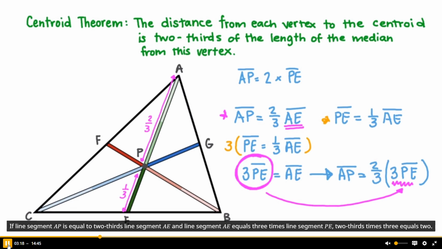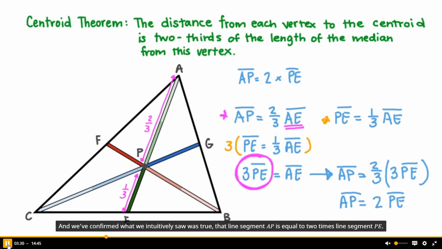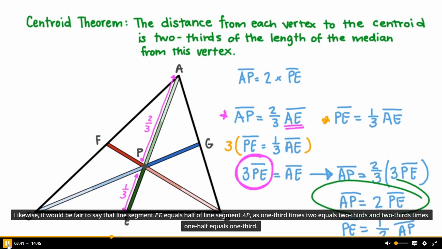If AP is equal to 2/3 AE, and AE equals 3 times PE, then AP equals 2 times PE. And we have confirmed what we initially saw was true, that line segment AP is equal to 2 times line segment PE, as you see.